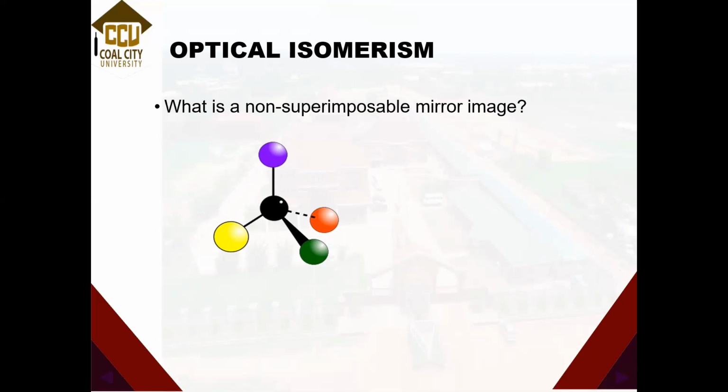Now, whenever they are non-superimposable, by the time I bring the mirror image of this molecule and I put it side by side, I will see that where the red color is here will be where the green color, or the purple color, or the yellow color of the other molecule is, meaning that they will not be able to match one by one.